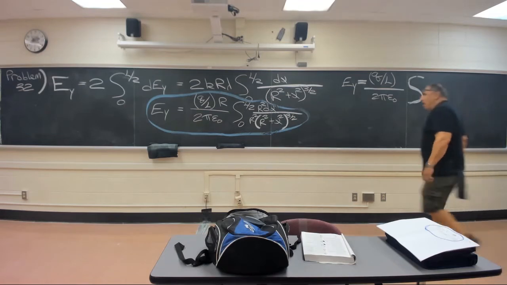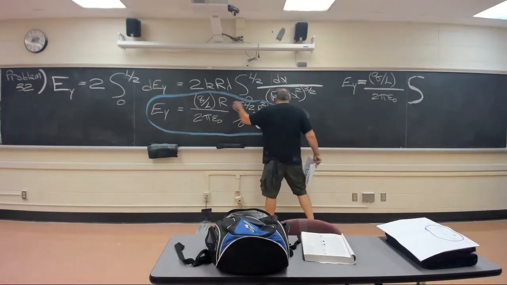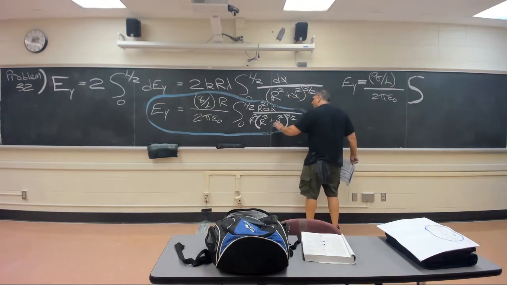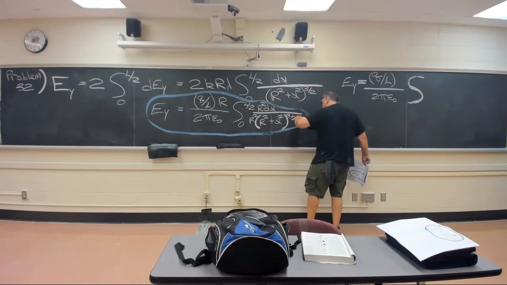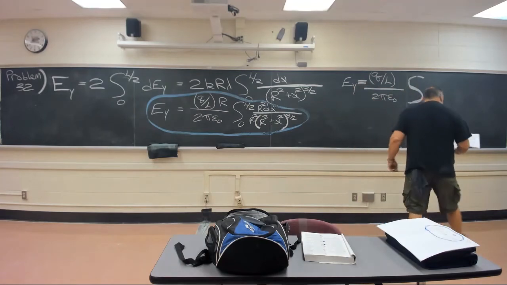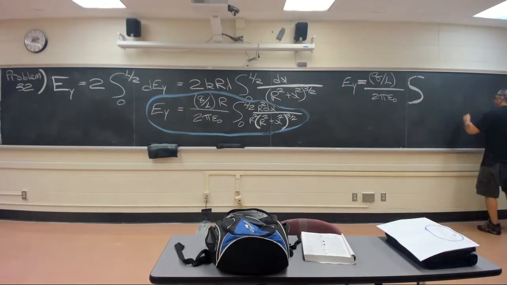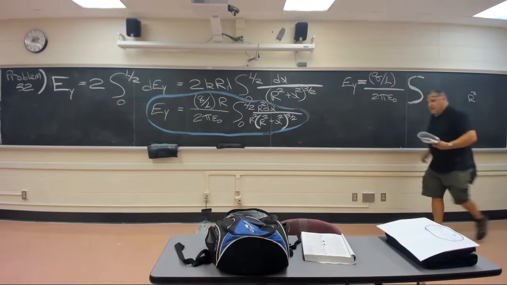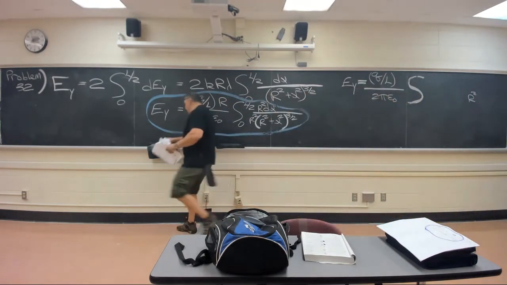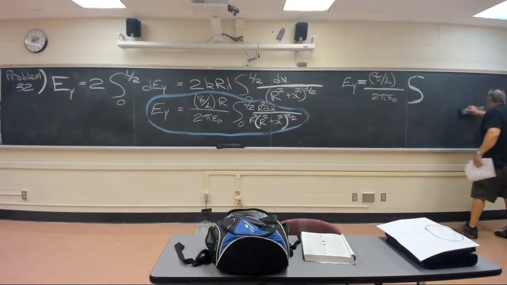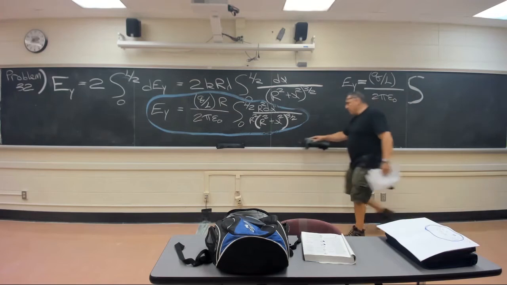I took this R, brought it in, took part of the bottom thing here, left everything on the bottom, but pulled some of it out. The R squared plus X squared to the 1/2. So we got this, R squared plus X squared. And guys, I'm sweating like crazy right now, so I don't want to be touching the board too much and mess it up. So forgive me for running around. I probably got to take a water break soon again.